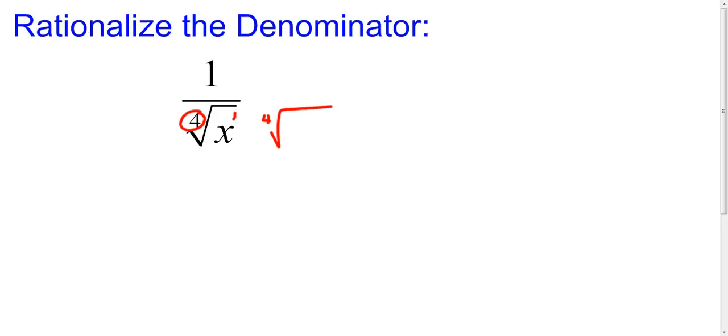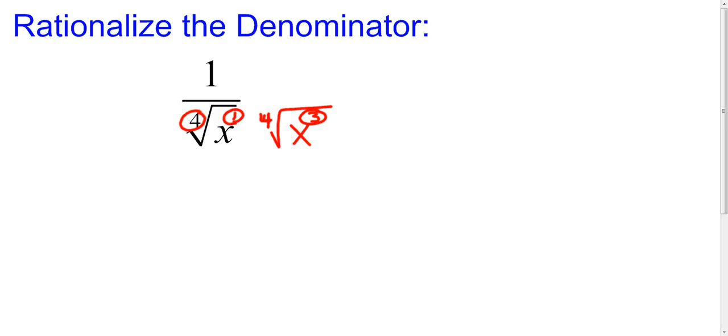Okay, so I'll explain this. This is going to be x. I'm going to make this x to the 3rd power so that 3 plus 1 makes 4. 4 is a multiple of 4. If I wanted to make it a power, if I wanted to make it 8 or 12 or 16 or something, that's what I would need to do. But I need to add x to such a power so that when I add what I already have with it, it becomes a power of 4 since this is a 4th root.